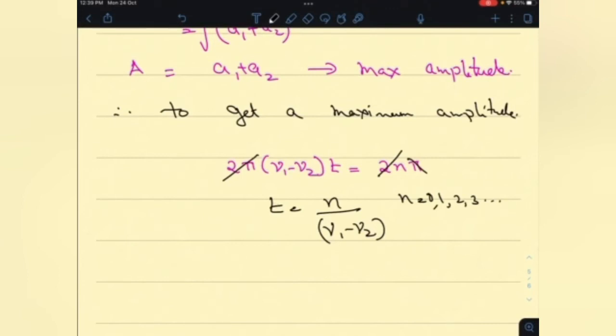Now we apply another condition. This is the first condition, and I will give it equation number 14.